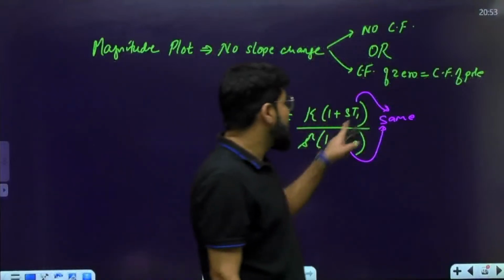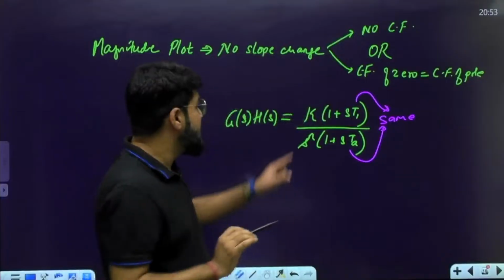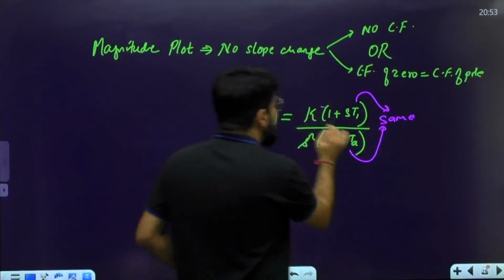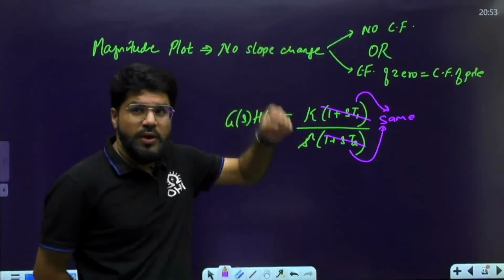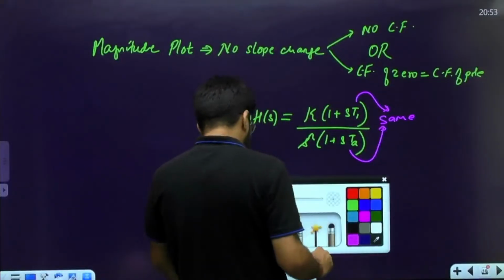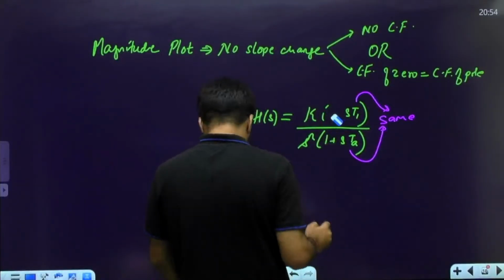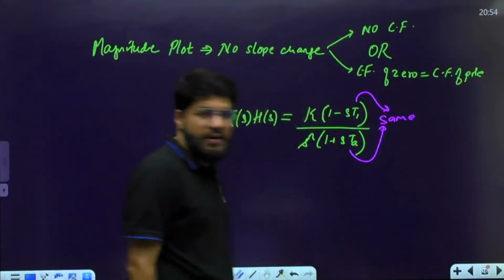If you write in this format, the time constant or corner frequency is the same, but then again there is no pole or zero, and we come to the first case. But no, here there is a pole, so how will I write it? There will be a correction. The pole is 1 plus sta, and the zero will be written as 1 minus st1.